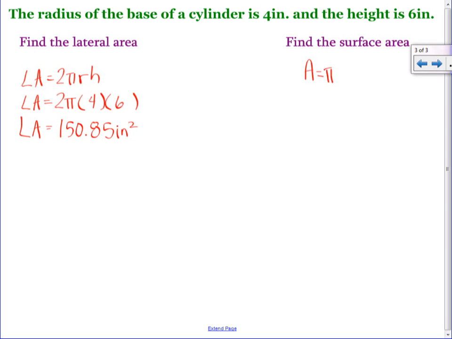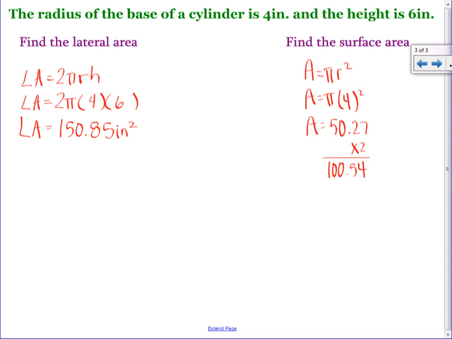So the circles are pi r squared. Radius is, so what do we get? 50.27. We double it. But that's not the total surface area.